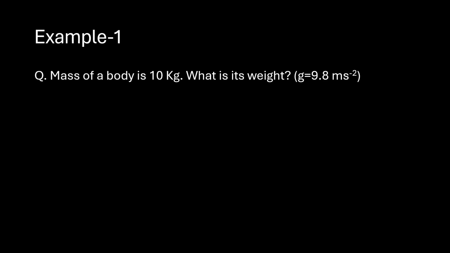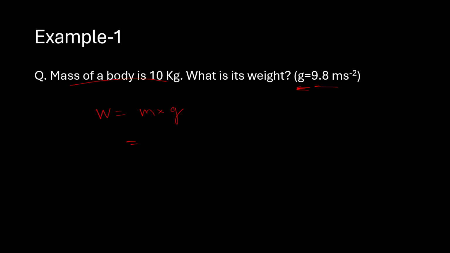So let's take some examples to calculate the weight. Here the question is, the mass of the body is 10 kg, right? So what is the weight? The gravitational acceleration is given as 9.8 meter per second square. So we know that weight is equal to mass into gravitational acceleration.